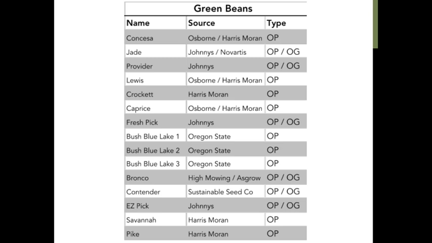You can see some that are the more dark glossy beans like Jade, with some that are more the Blue Lake type. We included 3 experimental lines from Oregon State as well. And so once we had this list of 1, 2, 3, 4, 5, 6, 7, 8, 9, 10, 11, 12, 13, 14, 15 varieties, we looked at how we could lay this out within the farm setting.